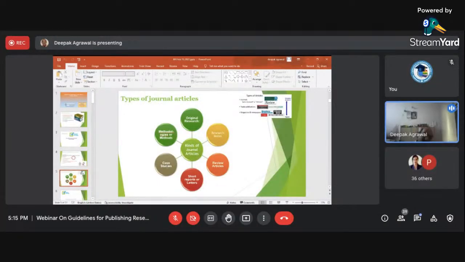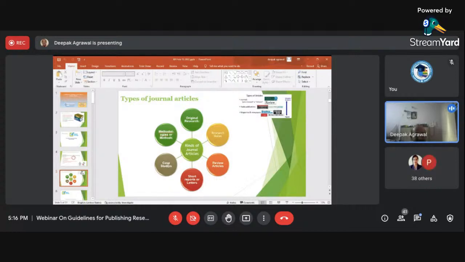It can be in the form of case studies. Again, a case study can be a very good source of findings if you have done an in-depth study related to any situation or condition, and that can be published in the form of case studies. Normally in India, any case study published in European journals has more weightage as compared to other countries.